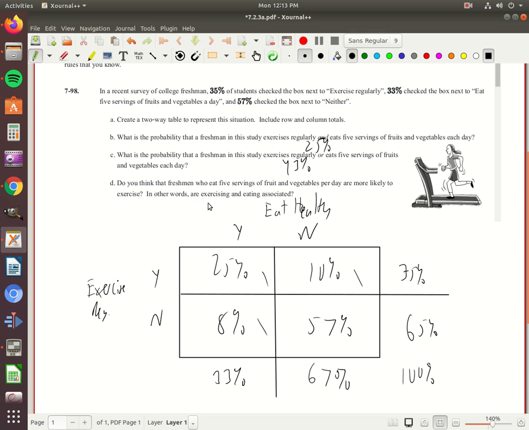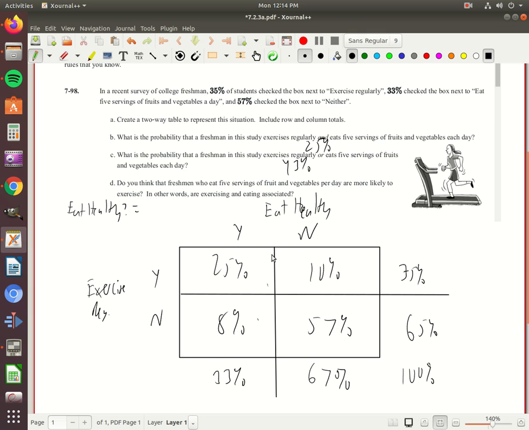And it says, do you think that freshmen who eat 5 servings of fruit and vegetables per day are more likely to exercise? Yeah, I would say they are more likely to exercise, but nobody cares. So what we think, we have to actually use math to solve. So let's use math to solve and say, hey, everybody, do you eat healthy?